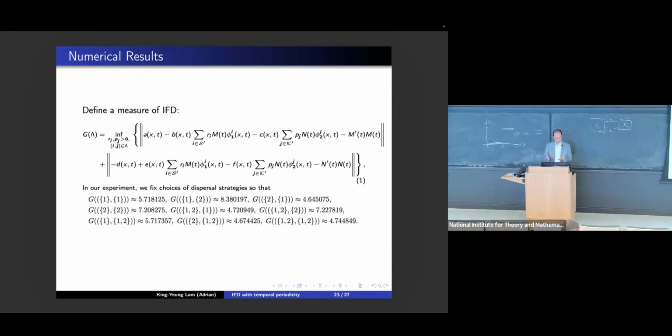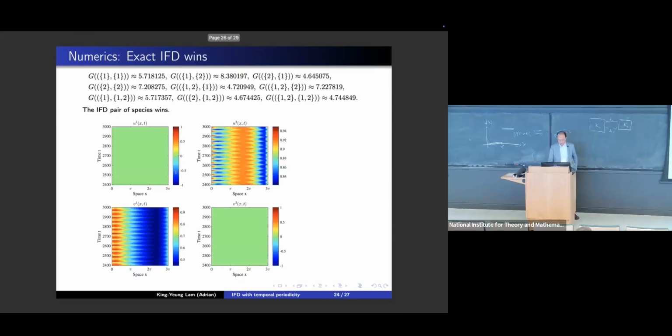We also want to test the effects of approximate ideal-free. So we introduced a kind of functional: given the dispersal, we have a way to measure how close we can get to ideal-free. We did an experiment with 2 prey and 2 predators. There are multiple ways to form a community.